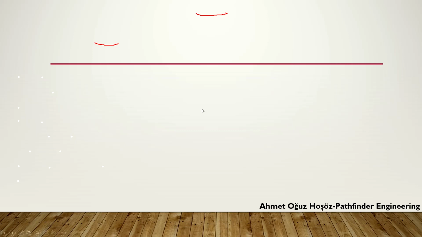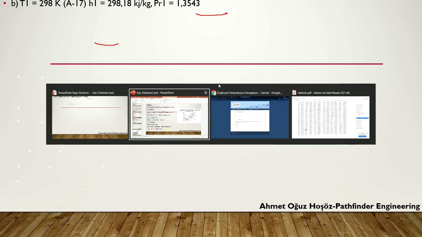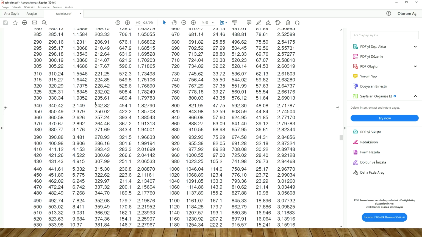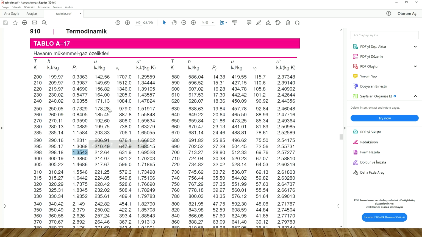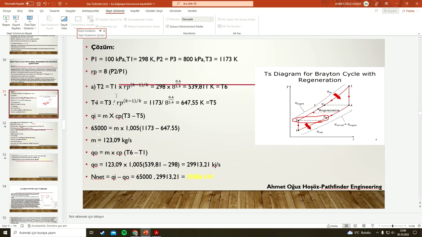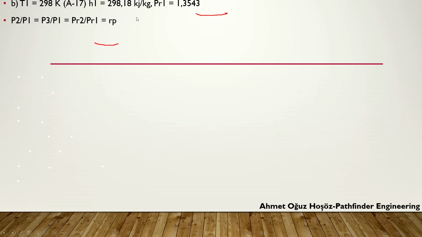Now if we look at the second part of our question, T1 is equal to 298 Kelvin. We can determine the h1 and Pr1 values from table A-17: 298.18 kilojoule per kilogram and 1.3543. Here P2 divided by P1 is equal to rp, which is equal to P3 divided by P1, and it has to be equal to Pr2 divided by Pr1.